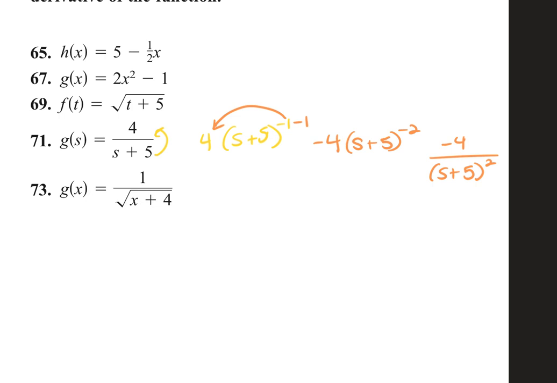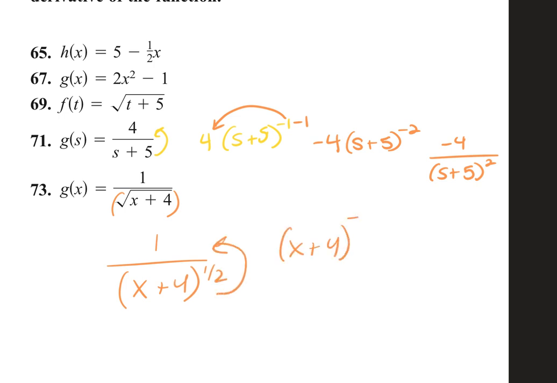So this one too, this would be 1 over x plus 4 to the 1/2. If you want to bring it to the top, it becomes x plus 4 to the negative 1/2. The negative gets multiplied by the 1 on the front. So it's negative 1/2 x plus 4, subtract 1, or 2 over 2, and you get negative 3/2.